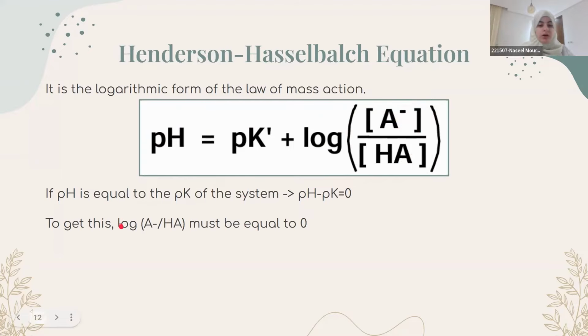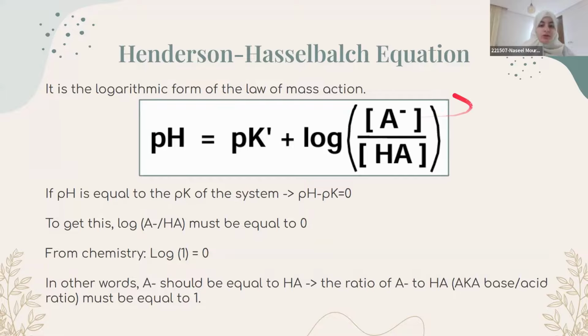So this is what I'm saying. The log of the base over the acid must be equal to 0. Now from math, log of what number gives us 0? The log of 1, okay? In other words, the base must be equal to the acid. So the concentration, this number over here, over this number, these two numbers should be the same, so that if you divide them, let's say 5 and 5, you'd get 1.